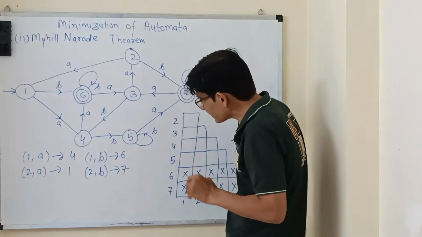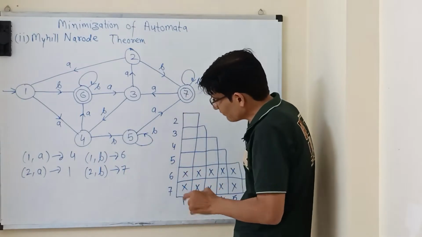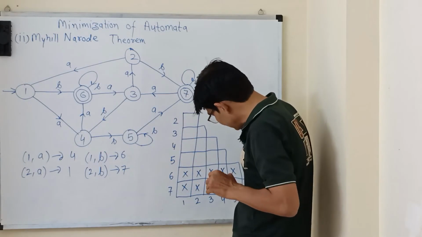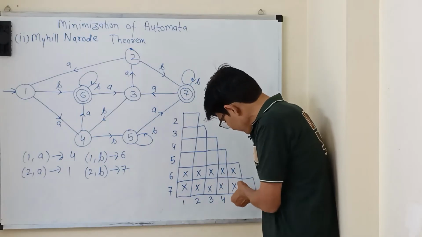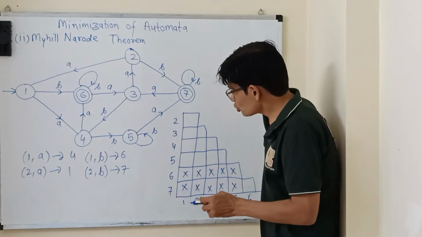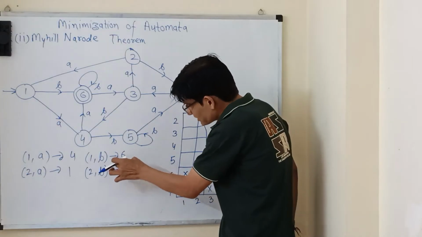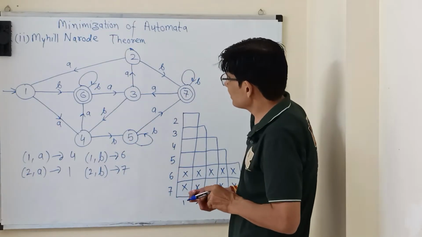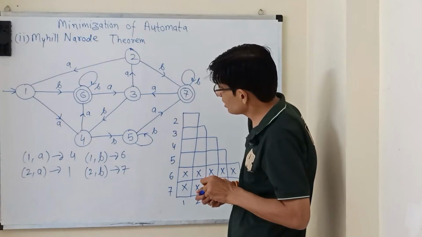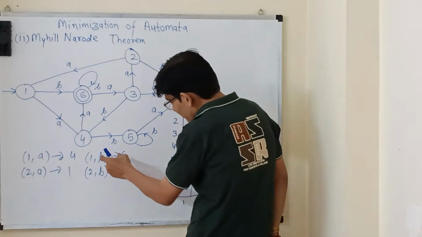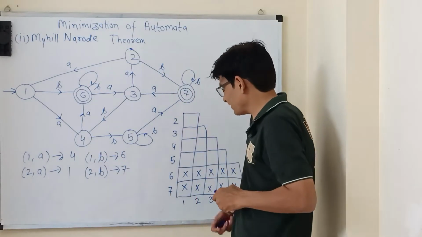Now check 6 and 7, whether we have put any cross there. So 6 and 7, we have not put the cross here. So based on that, these two states cannot be crossed right now.